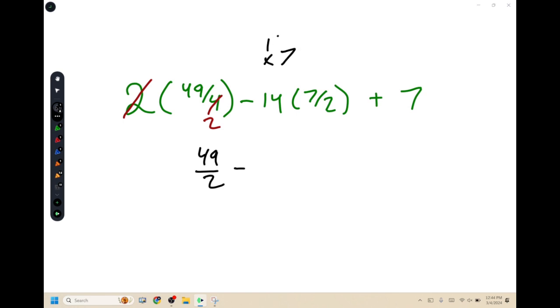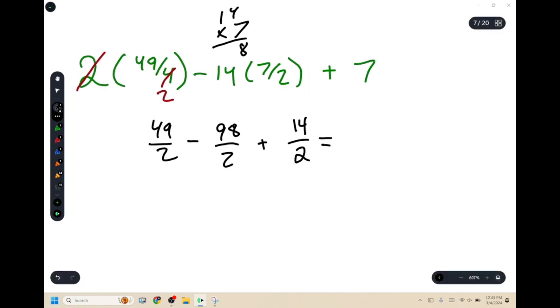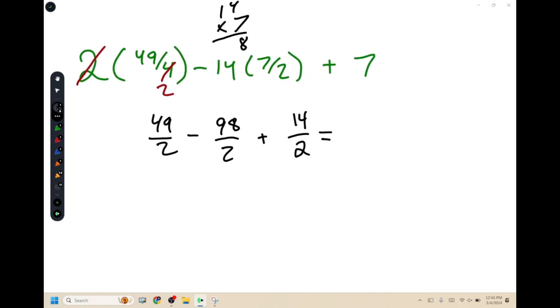It's 98. Then 49 minus 98 is negative 49. Plus 14 is negative 35?